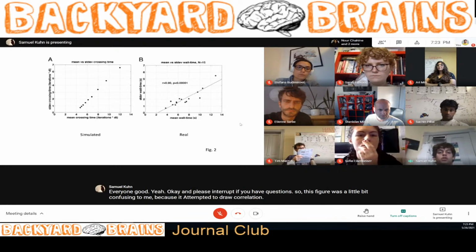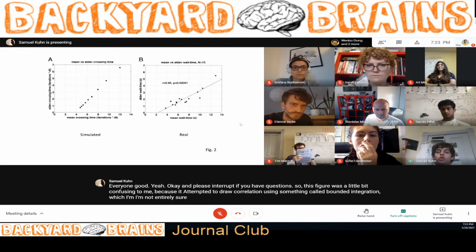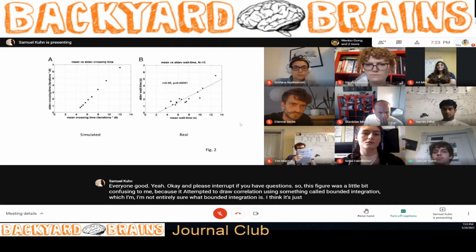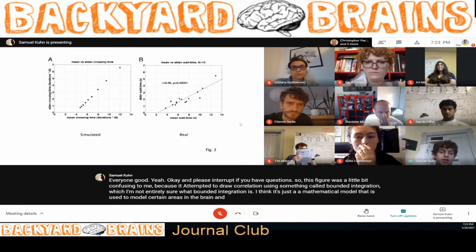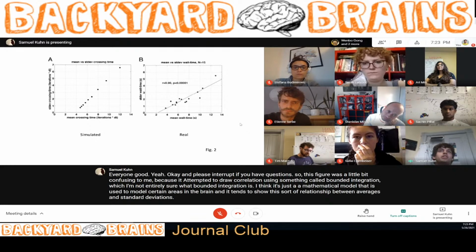And so on the left here, in both A and B, we're looking at the wait times. In A, it's a simulated wait time, so they call it a threshold crossing time. And they're just saying that there's a linear relationship between the mean and the standard deviation that seems to validate this idea of a bounded integration model.